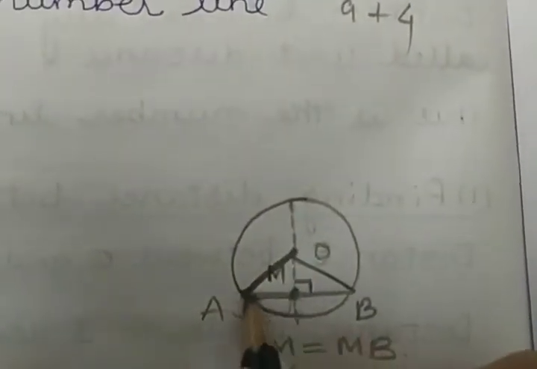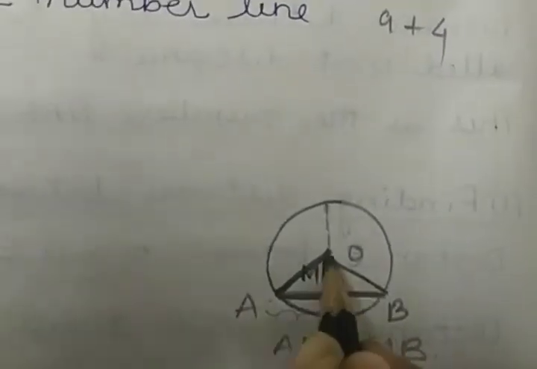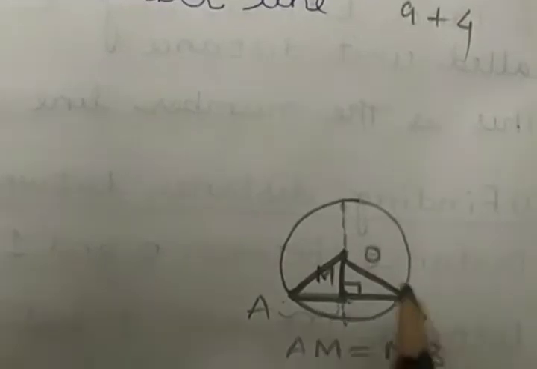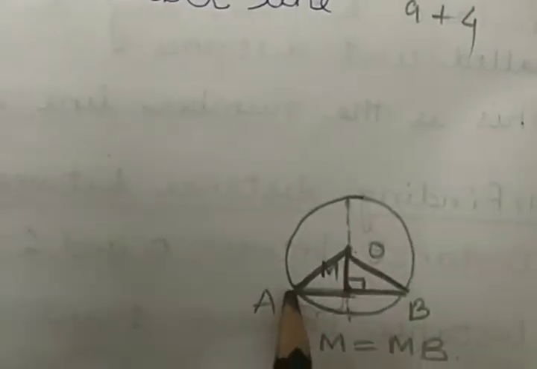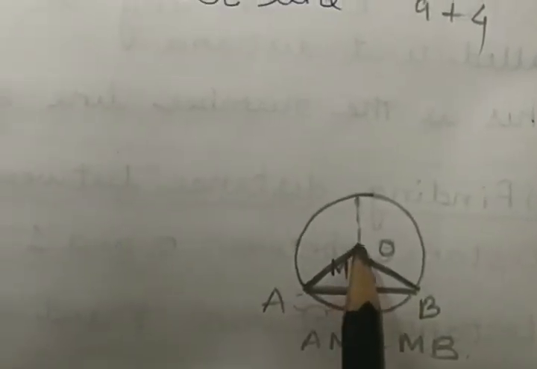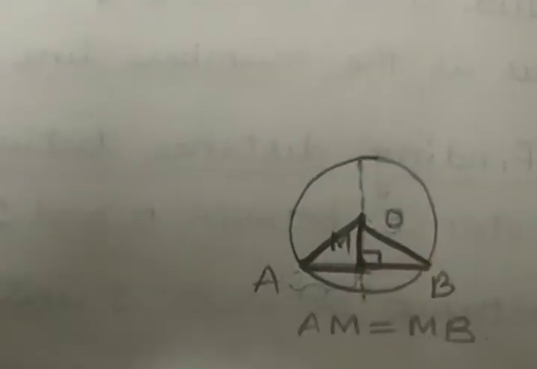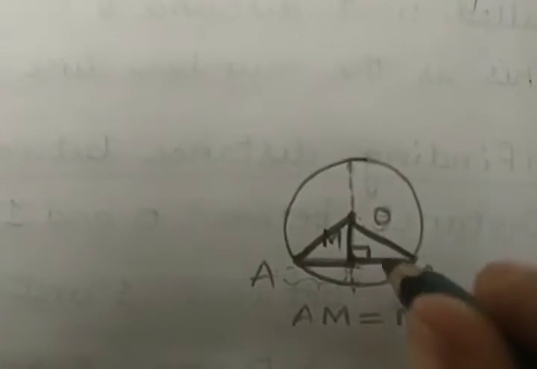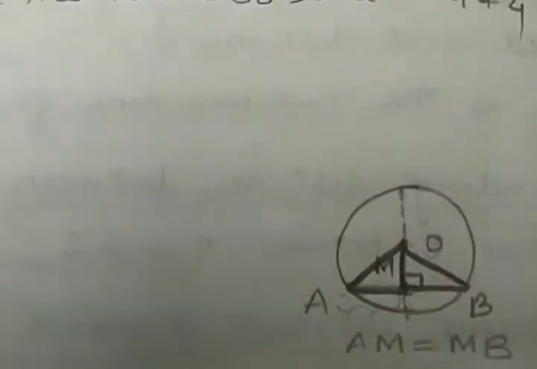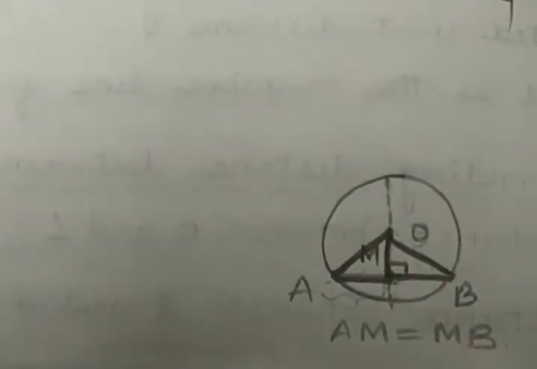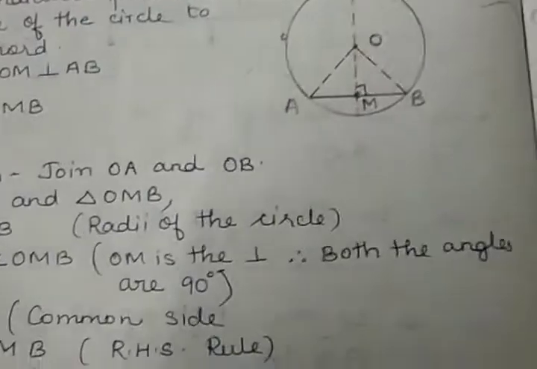So that I get two triangles, OMB and OMA. Then I can use a rule of congruence to prove that these two triangles are congruent, and then show that AM is equal to MB. So let us see how we can do this.